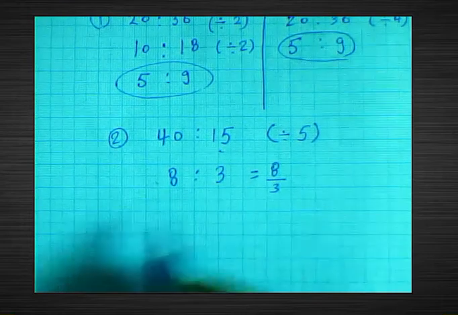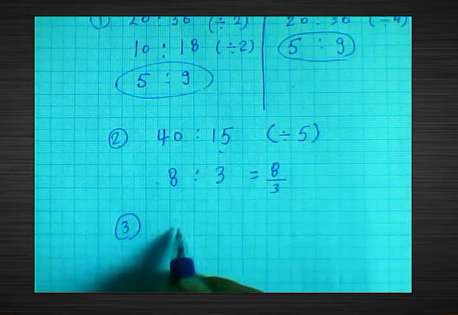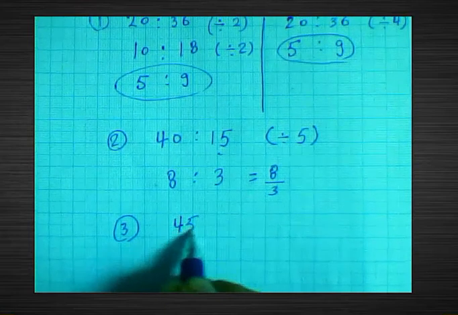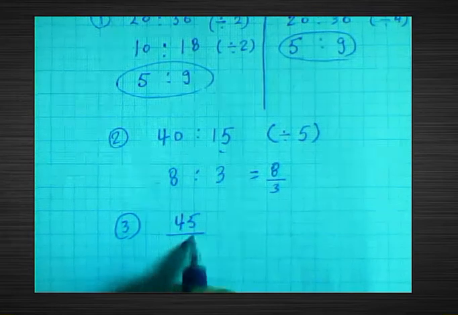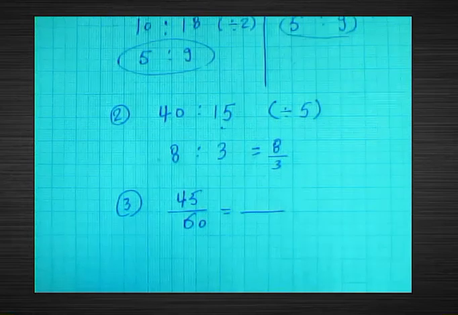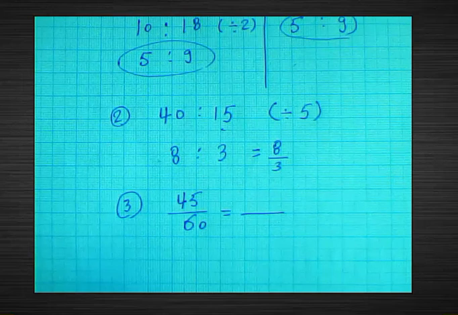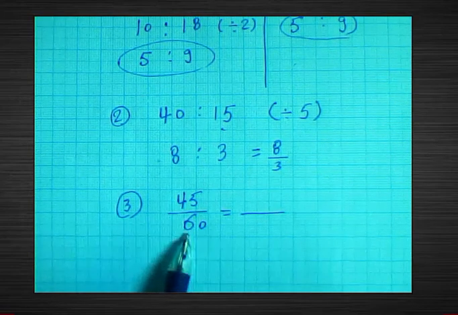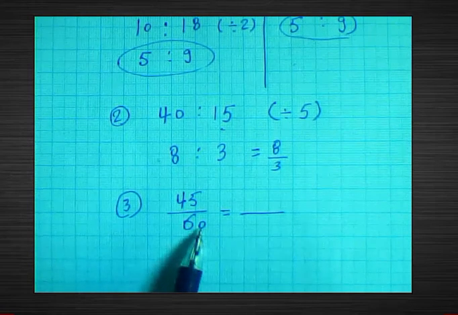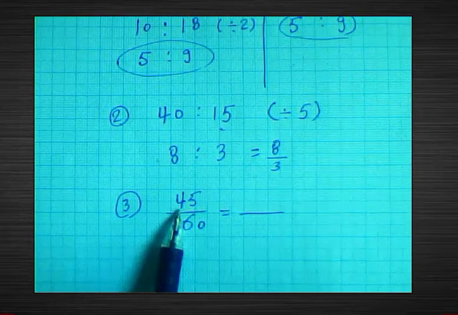Is it okay? Question number 3. What about 45 over 60? We can simplify it in this form. Don't panic. By using the rules, we can find the result. 60 has 0 in the unit, and 45 has 5 in the units.